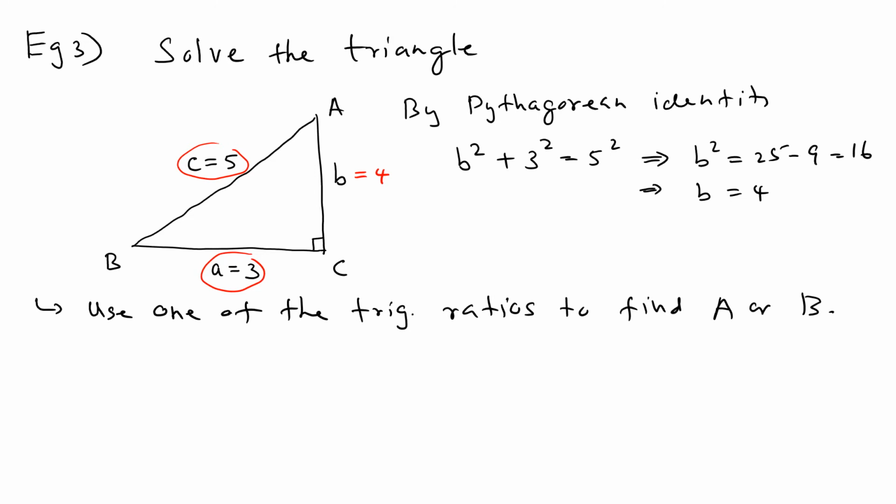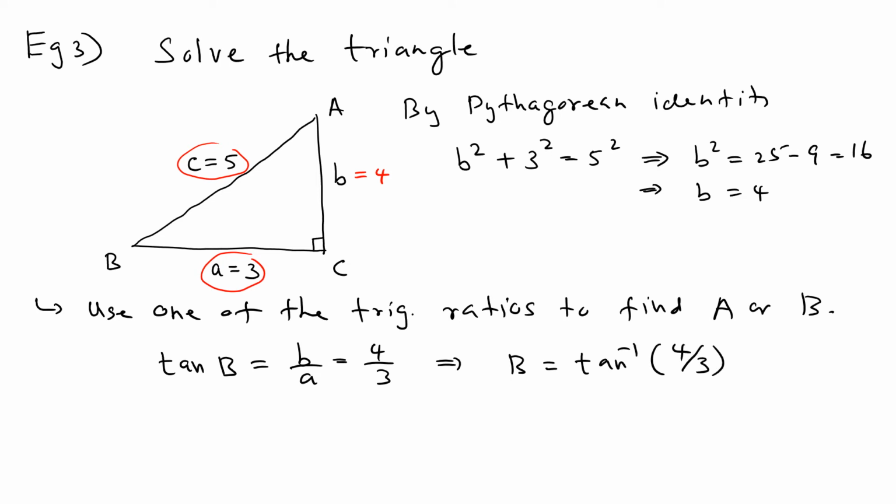So you can see that tan b is equal to the opposite over adjacent, which is 4 over 3. Then b is simply, if you take the inverse of both sides, tan inverse 4/3. If you use a calculator and go up to 2 decimal places, you're going to get 53.13 degrees. And then we know that the sum of the two is 90.